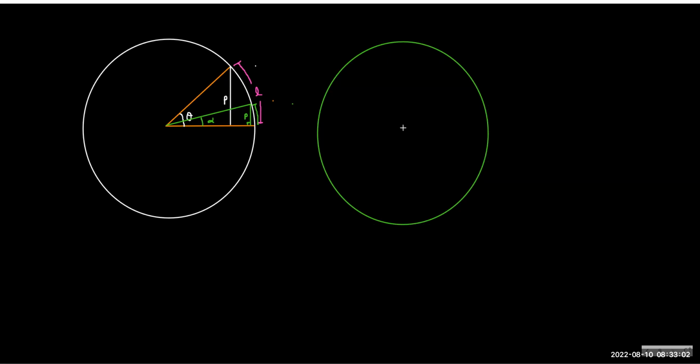So now imagine a situation. What if the angle is almost tending to nothing? Imagine this is the line, and what if I take the next line almost like this?